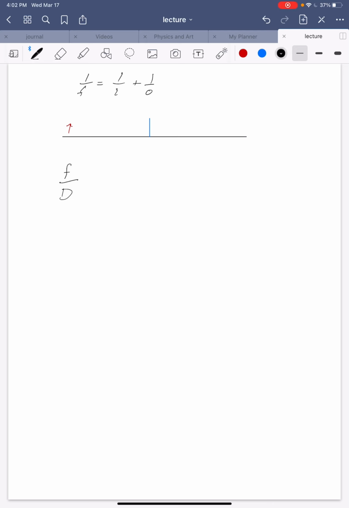Well, one is I've got to have the appropriate lens to take a picture at a distance, and that just uses the thin lens equation. But there is one more technical aspect, and that is not only do I need to be able to focus that image, but I need enough light to be able to take the picture.